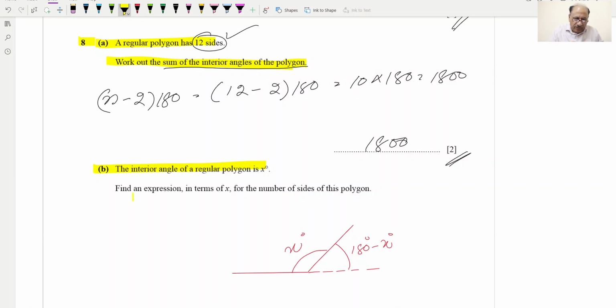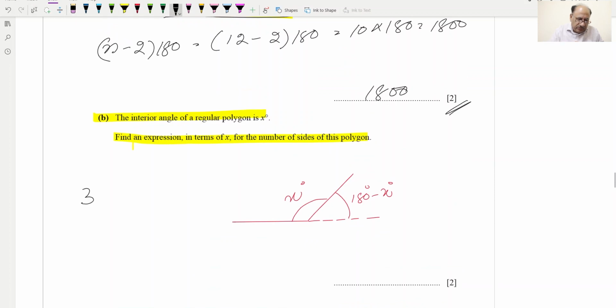Now they are saying find an expression in terms of x for the number of sides of this polygon, and we know that exterior angles are adding up to 360, so we can write as 360 degree divided by this angle, which is 180 minus x, and this will be the expression which they are asking for.